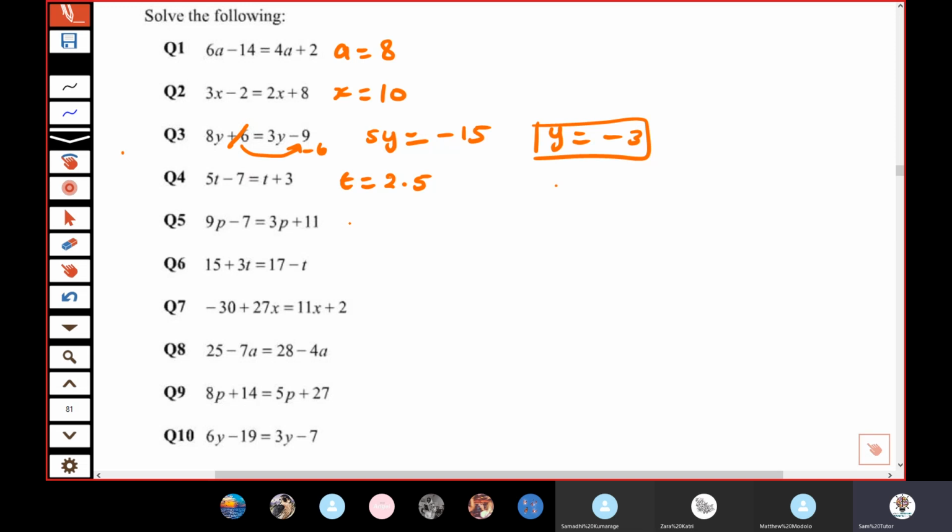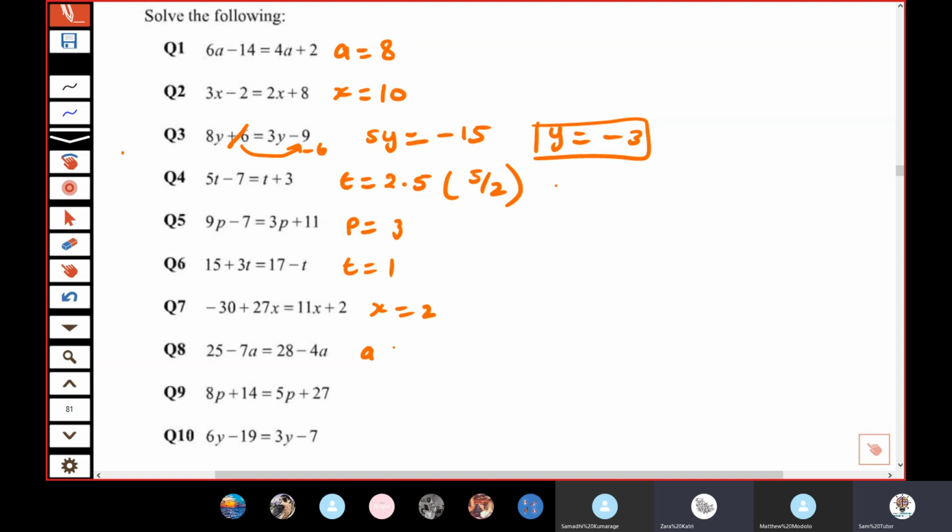P equals, or as a fraction, for those who are writing it as a fraction, 5 out of 2. Yep. That's what I was asking for. It doesn't matter. Fraction, if you're allowed. T equals 3. Yep. T equals 1. X equals 2.